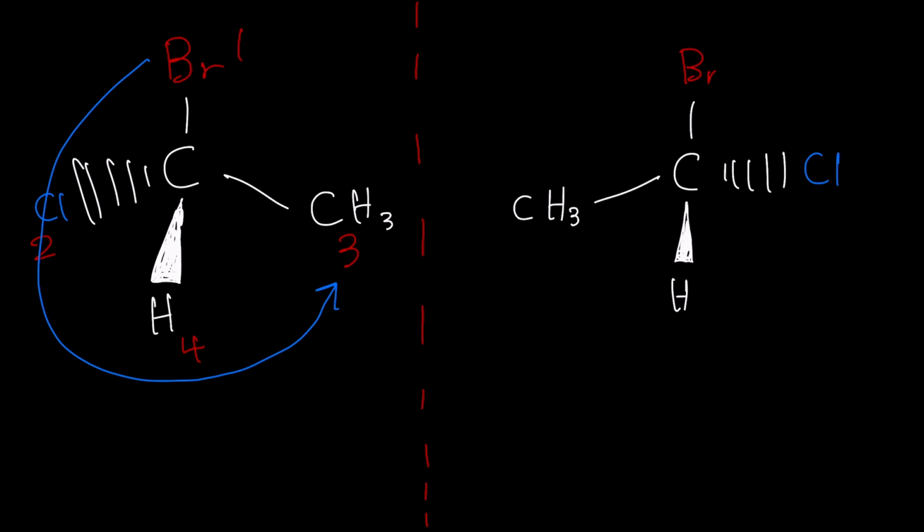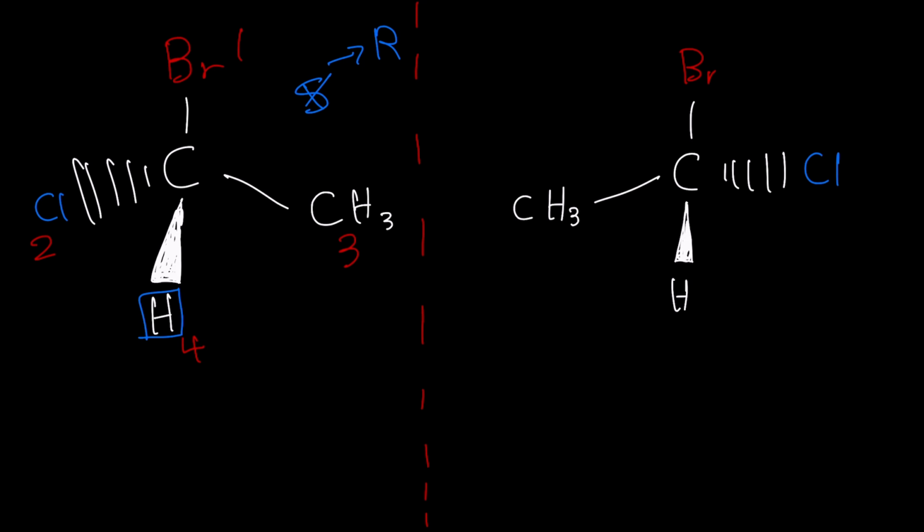So you'd think that this is S. However, since the hydrogen is coming out of the page, it's actually going to be the opposite. So even though it looks like an S, it's actually going to be an R. So this is an R configuration because the hydrogen is coming out of the page. The hydrogen is number 4. It's coming out of the page as opposed to going into the page. So therefore, this is going to be an R configuration.